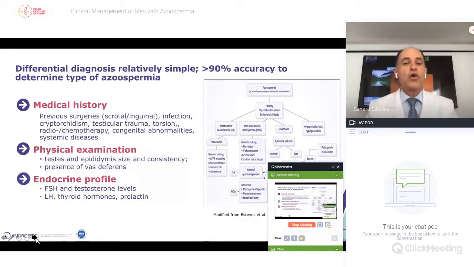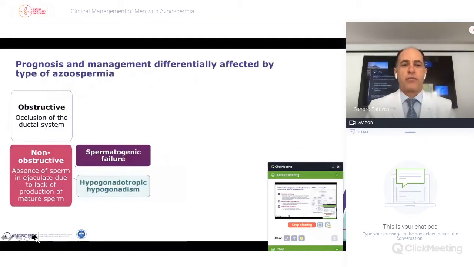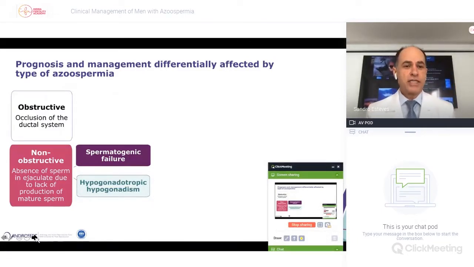Then you go for the endocrine profile, in which you have to look at FSH levels and testosterone levels as minimum standards. In many cases, you add LH levels, thyroid hormones, and prolactin. So the medical history, physical examination, and endocrine profile are very important to discriminate between obstructive and non-obstructive azoospermia.